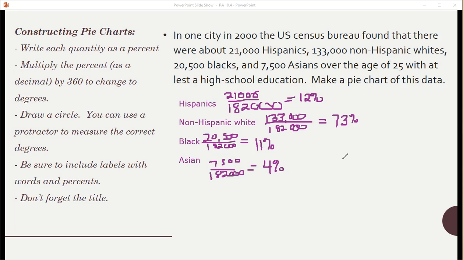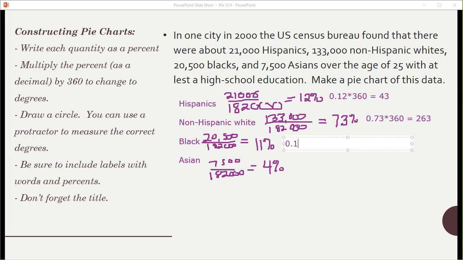To find the degrees that each of these take up, I could take that 0.12, for example, and multiply it times 360, which would give me the degrees for the first circle of 43. For the second circle, 0.73 times 360 would equal 263 degrees.